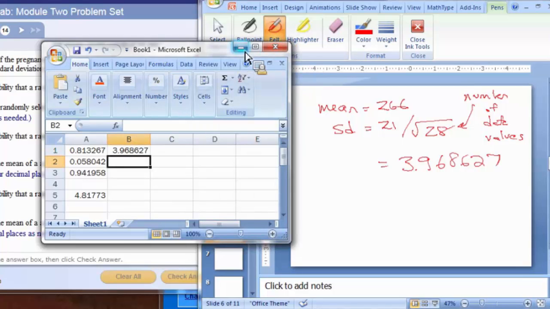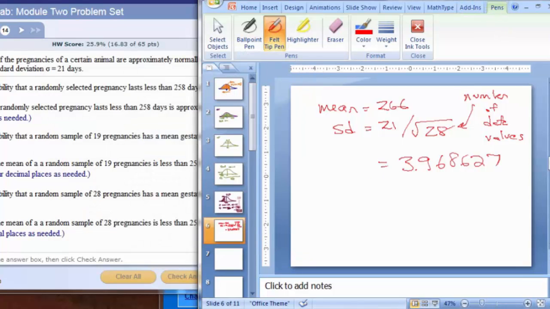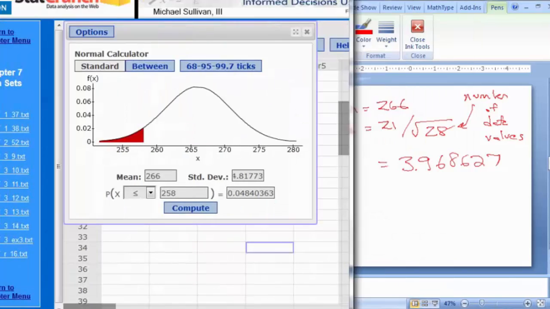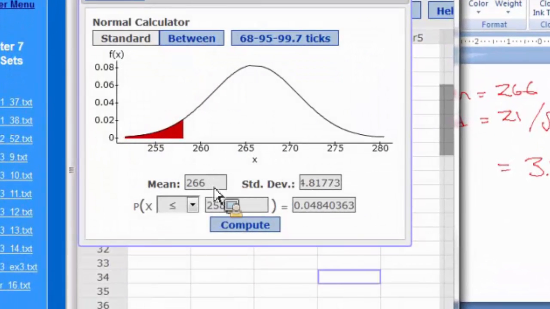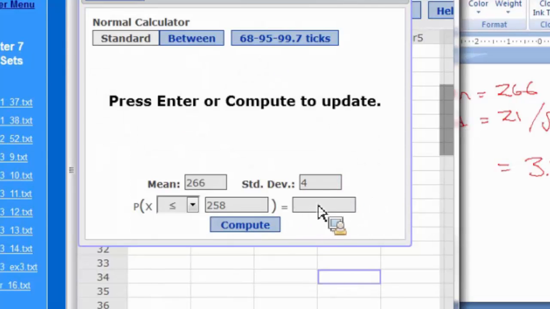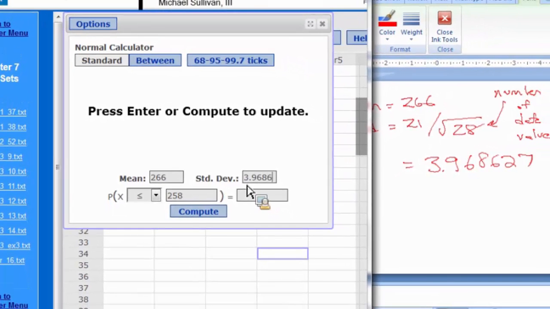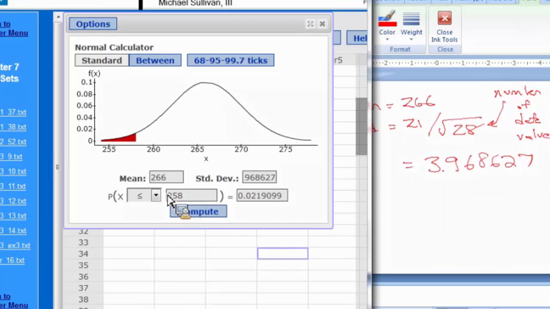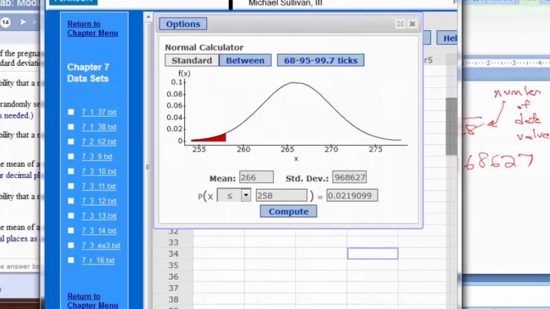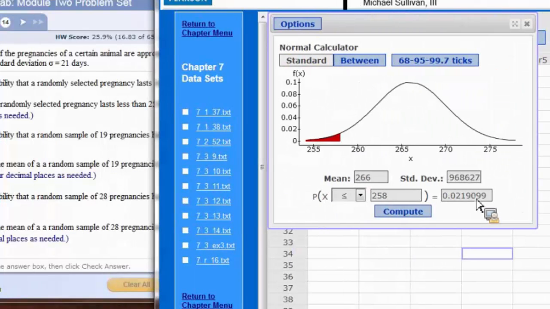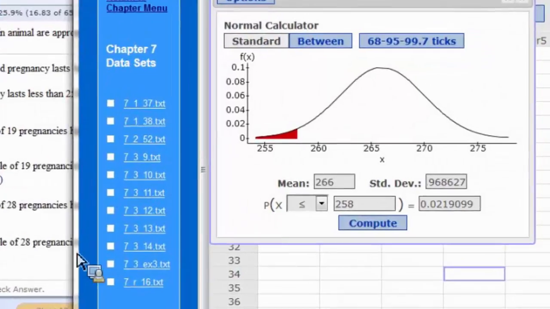I carried it out to a lot of decimal places. Now once we know the new standard deviation, it's still a mean of 266. Enter the new standard deviation of 3.968627. We're still calculating the chance of being less than 258, and it's roughly a 2% chance. 0.0219.